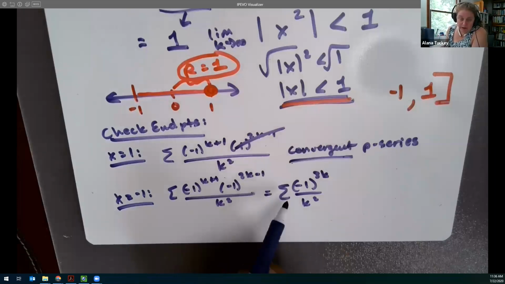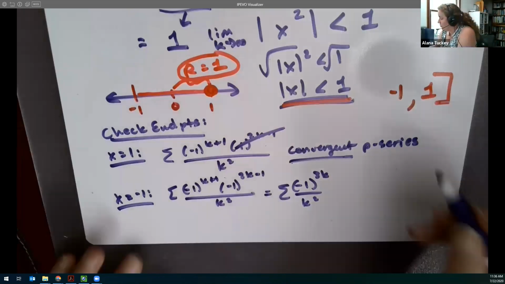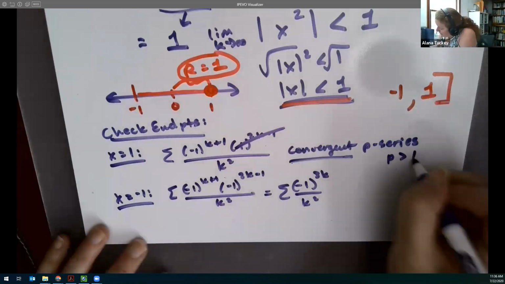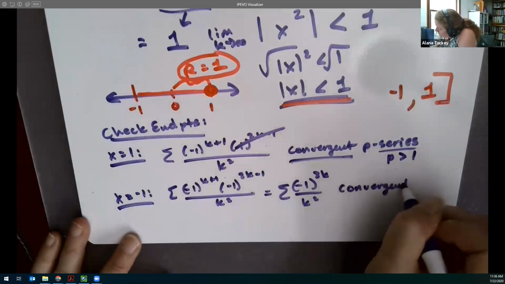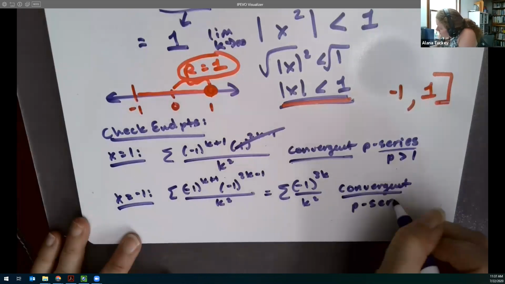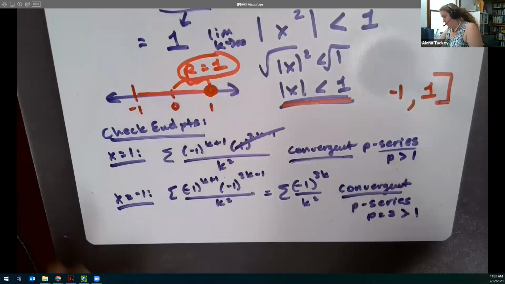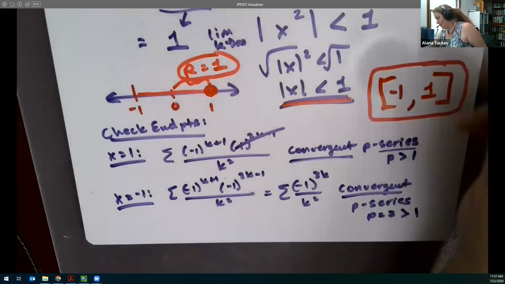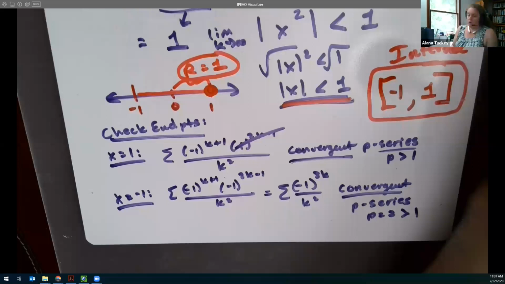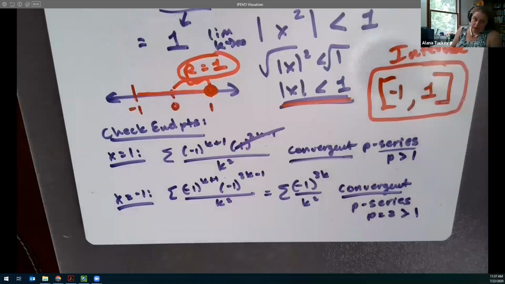It's a p series. P series are absolutely convergent as long as the p is greater than 1, right? And it is, it's 2. So this is another convergent p series. And therefore, I now know that my interval of convergence is right there. My radius of convergence is 1. My interval of convergence is from -1 to 1.